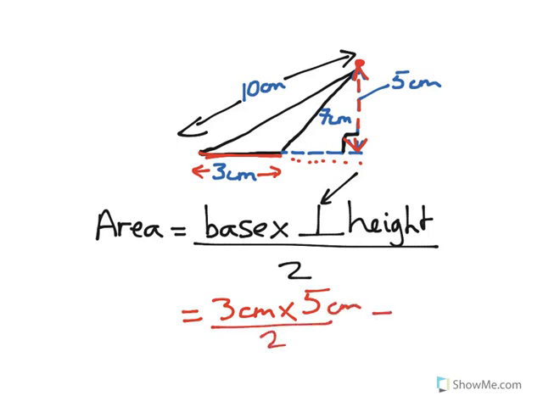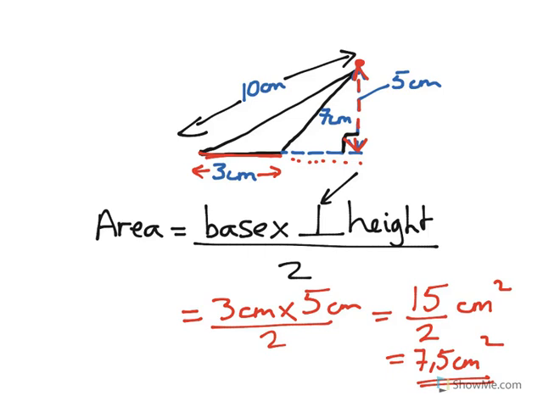Well, we know that 3 5s are 15. Centimeters times centimeters is going to give me centimeters squared. Anything multiplied by itself is squared. And 15 divided by 2 is going to give me 7.5. So the area of this triangle is 7.5 centimeters squared.